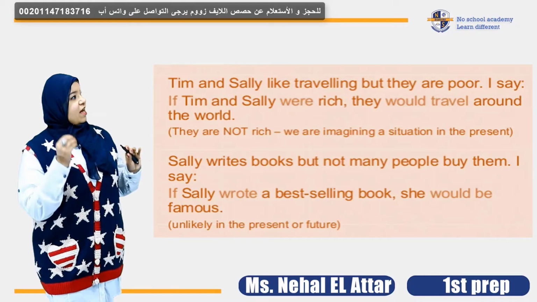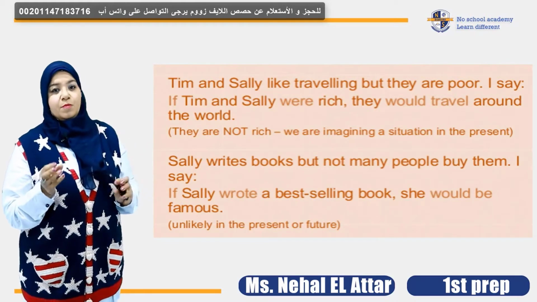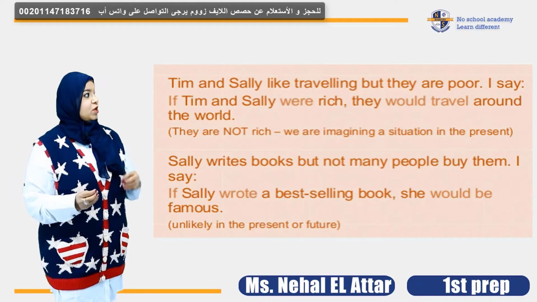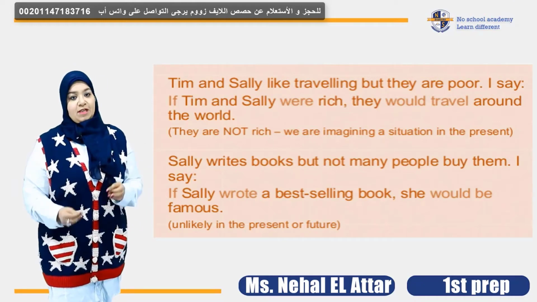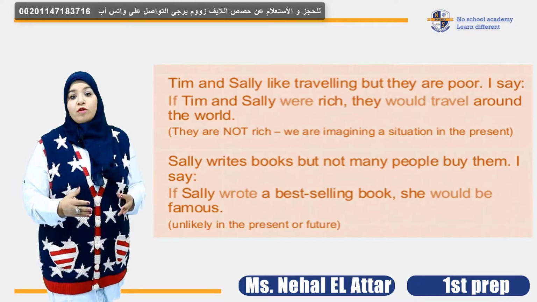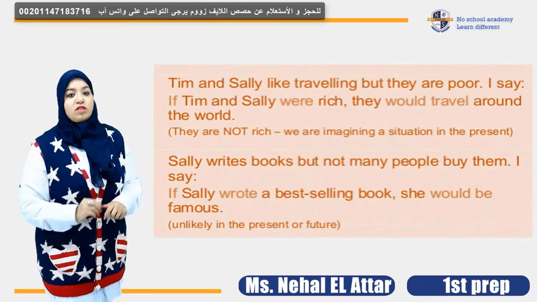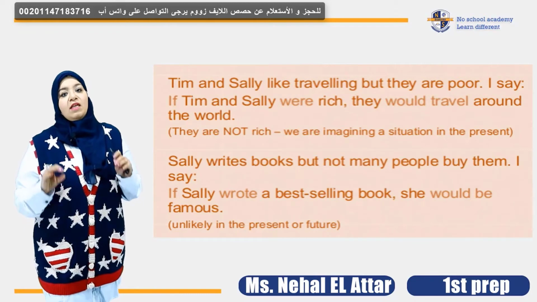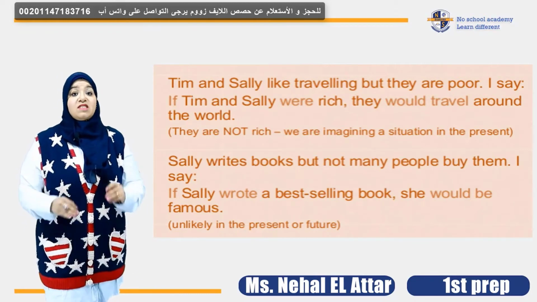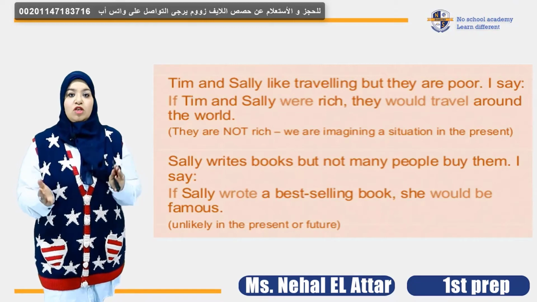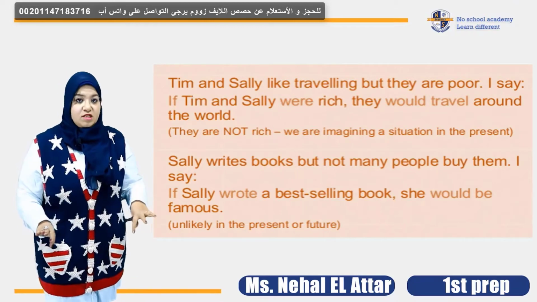Okay, here we have an illustrative example, a more detailed explanation of two examples, to refer back again to the meaning or the usage of if conditional type 2. One main issue here about this form is the usage, the meaning you get from the situation itself, because the rule is so easy.